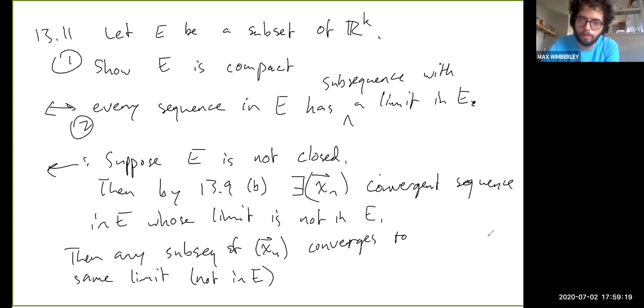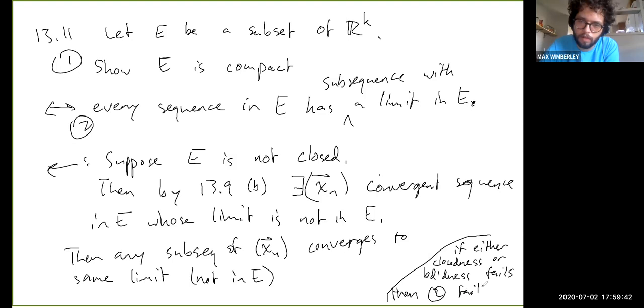What we ended up showing was that if either 1 or 2, or sorry, if either closedness or boundedness fails, then 2 fails, right?